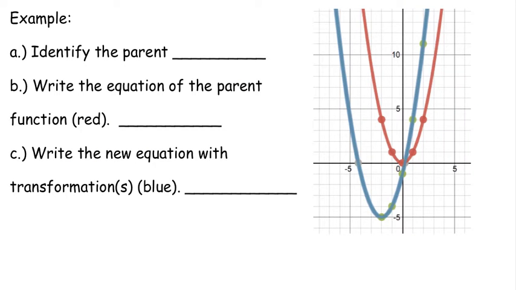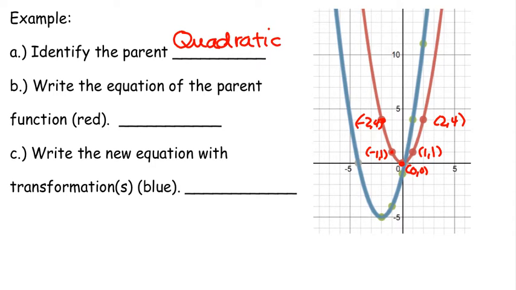All right, here's another example. In the red is our parent again. 0, 0, 1, 1, 2, 4, negative 1, 1, negative 2, 4. So our parent is the same as the last example. It is your quadratic. So the equation for that quadratic, if you use y or f of x is fine with me.